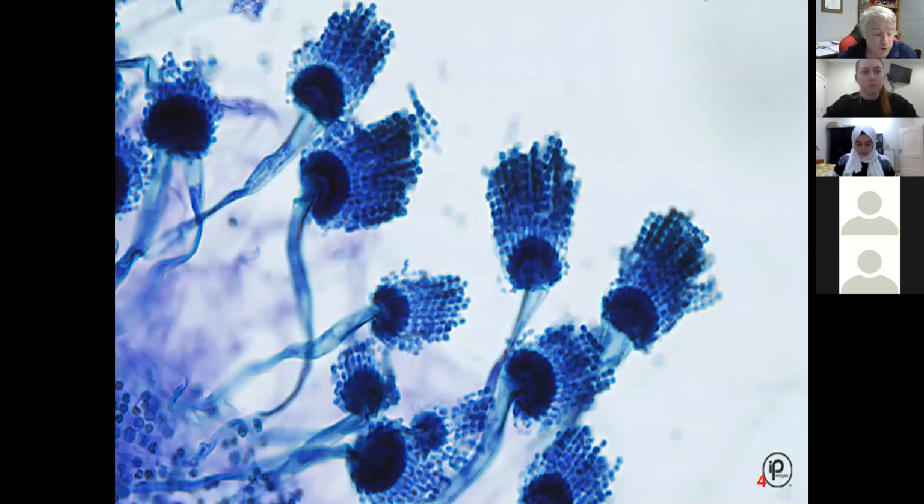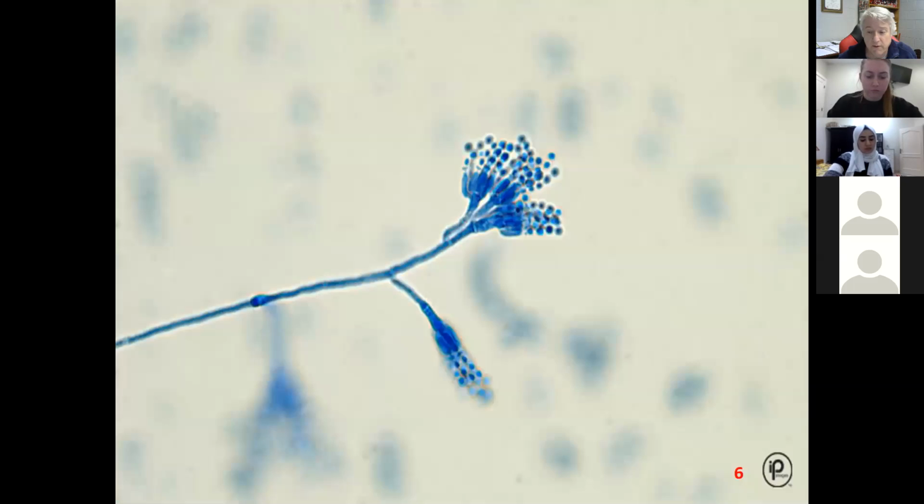Then we went to 4, which is fumigatus. Then we went to 6 for Penicillium. Fusarium, number 7.